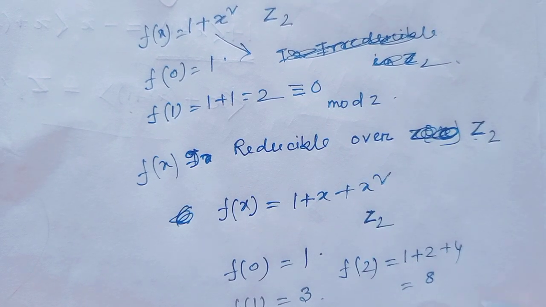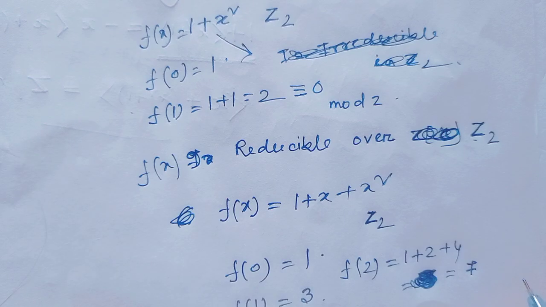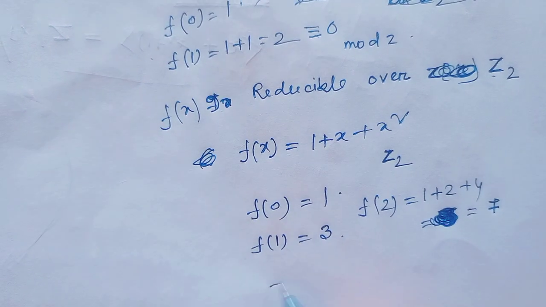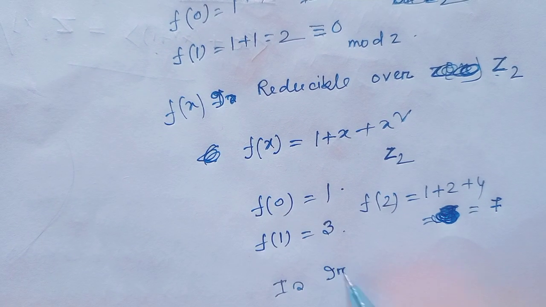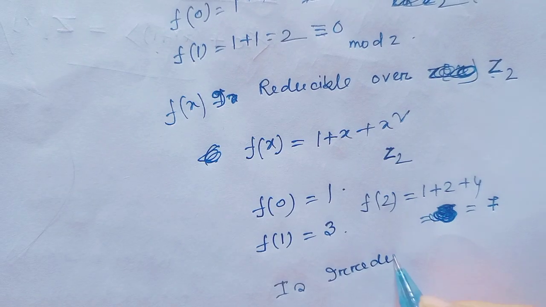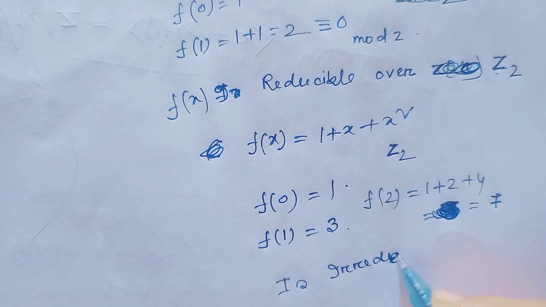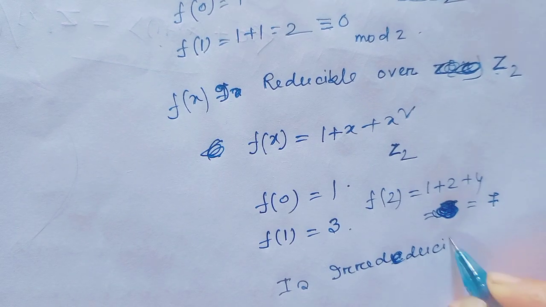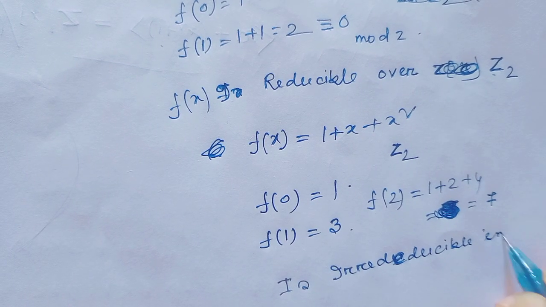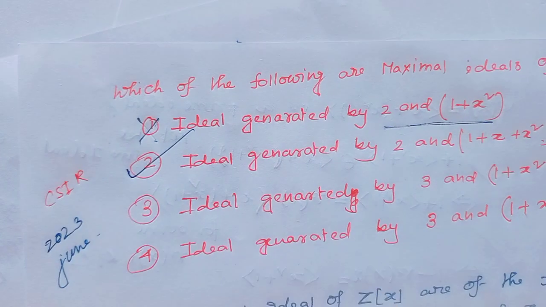Which is not equal to 0 in Z2. So this polynomial f(x) is irreducible in Z2. So option 2 is a right option.